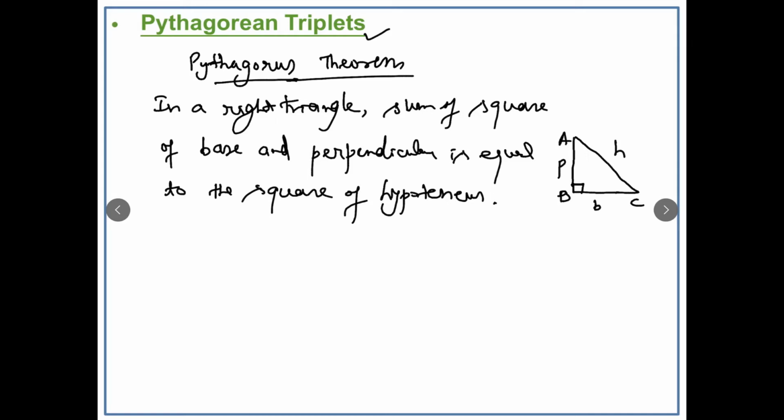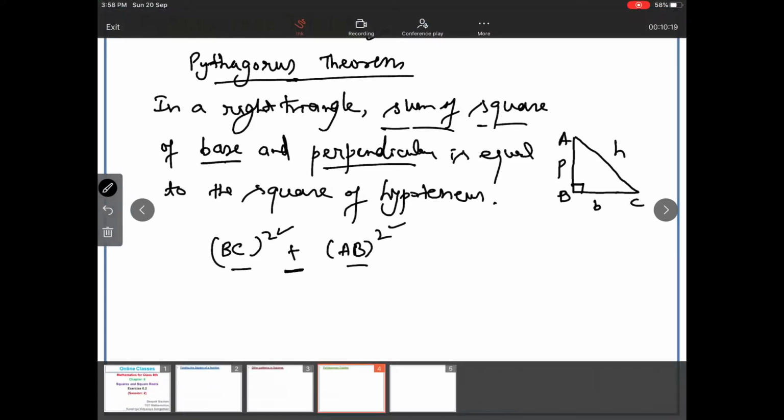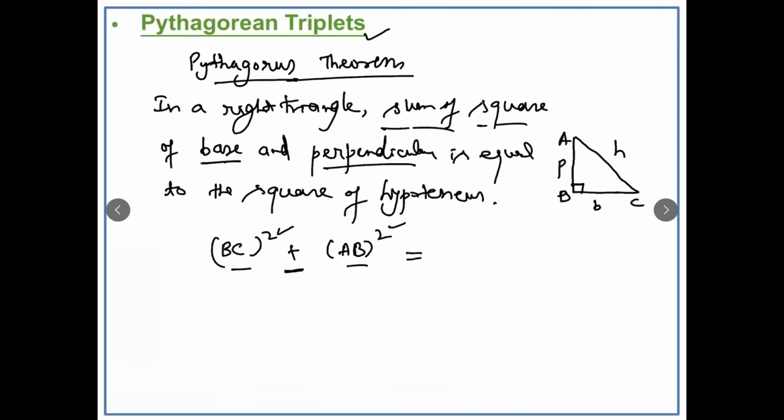The Pythagoras theorem says, in a right triangle, the sum of the square of base and perpendicular. Base here is BC, and perpendicular here is AB. That means the sum of the square of base and perpendicular is equal to the square of what? Hypotenuse. Hypotenuse here is AC.